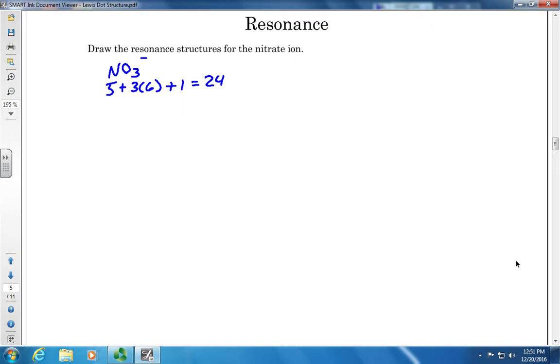So in general, your skeleton is going to look a little bit like this. And then if you went ahead and applied that and you looked at the total number of electrons and everything, you would find that this is 24 electrons.